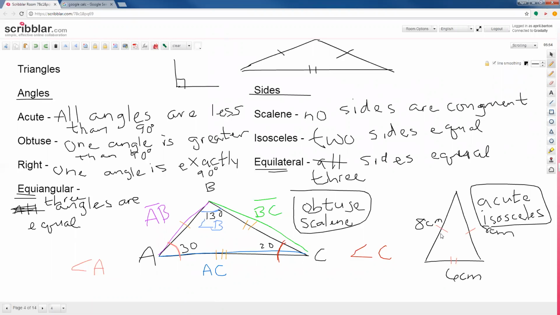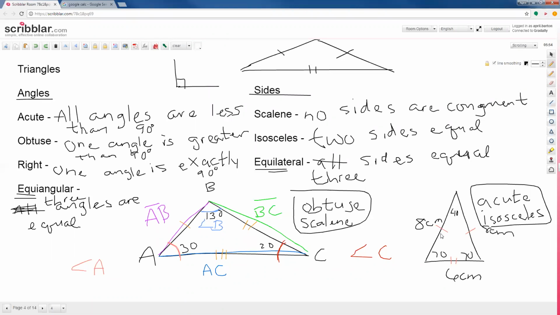Let's say this is 70, 70, and 40. Because all these angles are smaller, and you could look at the picture this time and see, well, these are less than 90. Because all of these angle measures are less than 90, that gives us the name acute.